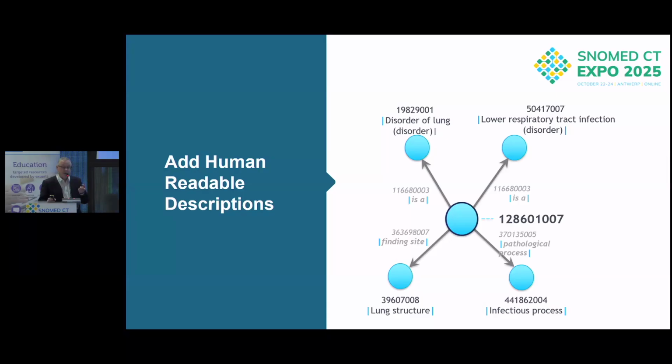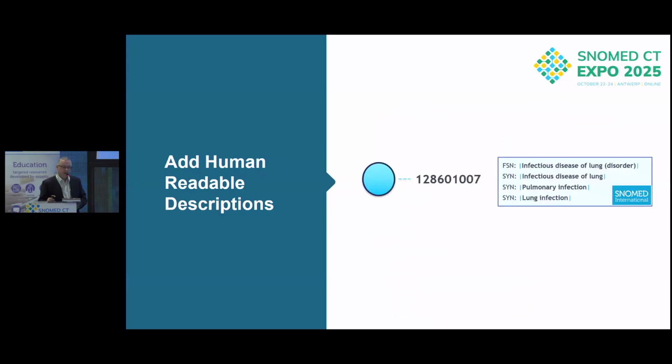It's a type of disorder of lung. It's a lower respiratory tract infection. It has a pathological process of infectious process, and it has a finding site of lung structure. So now you're starting to think, well, what is that concept? It's a type of this, it's a type of that, and it has these properties. It's actually an infectious disease of lung. So that's how we would describe it, with a description.